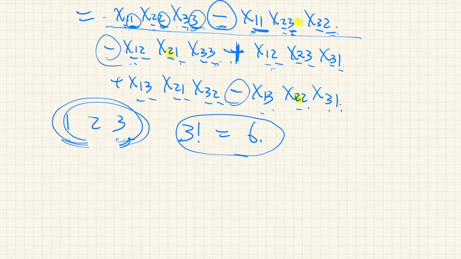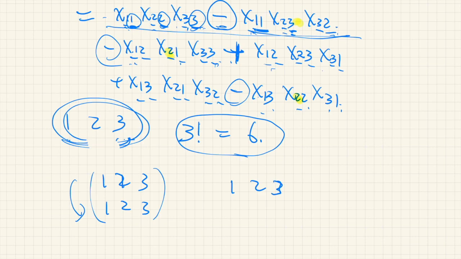Let's see here. So 1, 2, 3, 1, 2, 3. This permutation can be obtained by swapping 0 times, right? So this is even. And here, let's consider this one. 1, 2, 3 becomes 1, 3, 2.